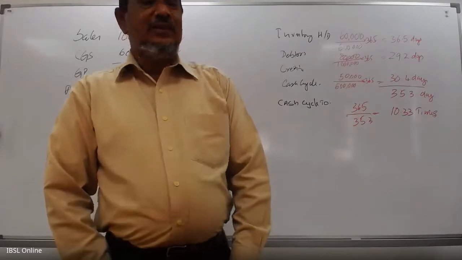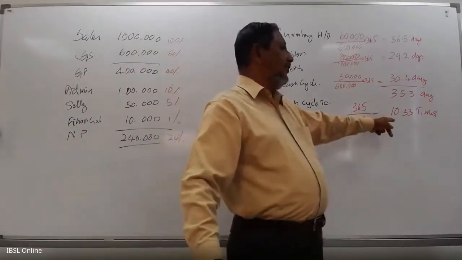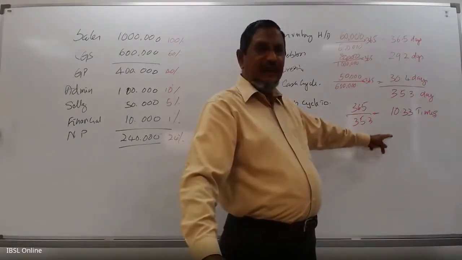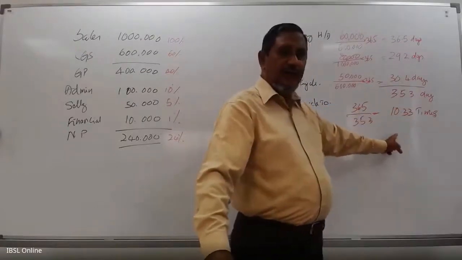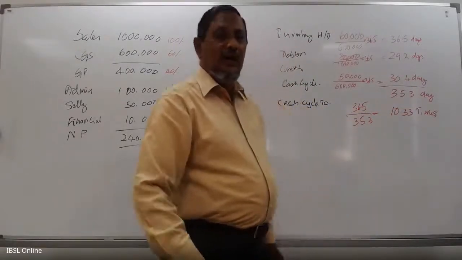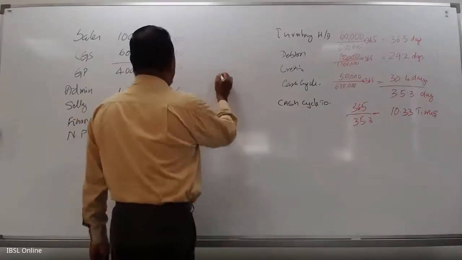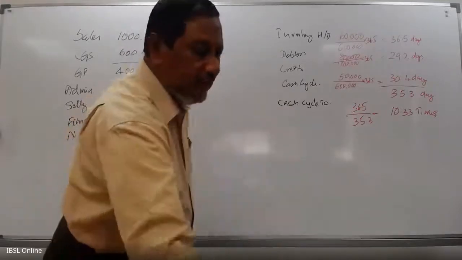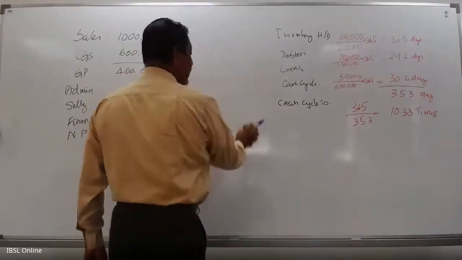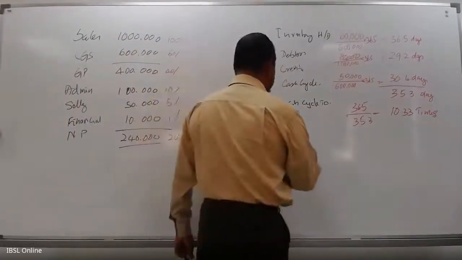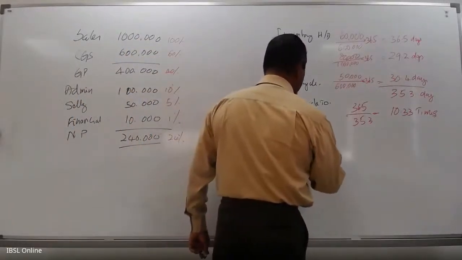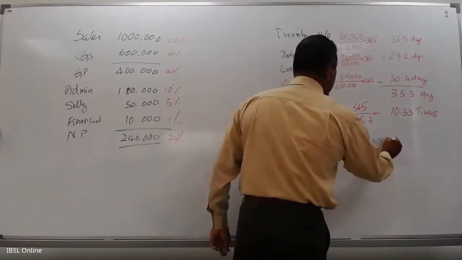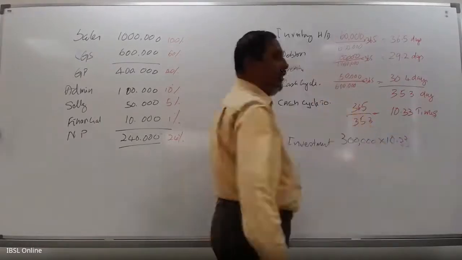Whatever is invested in the business is revolving 10 times, as we worked on last time. If you invested 300,000, by the end of the year it will increase by 10.33 times.